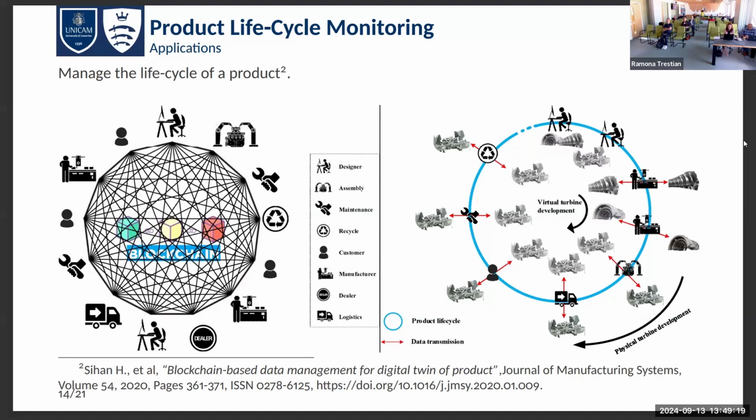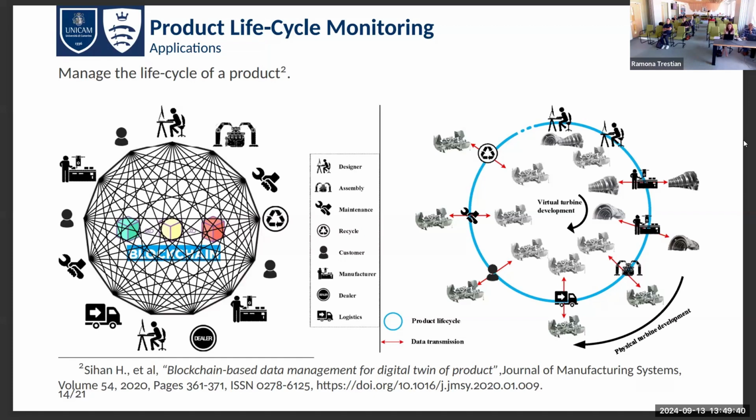After the design, we have the manufacturer phase where the designed components start to be created. After the manufacturer phase, we have the assembly phase where each component is assembled to create the final product that must be delivered to the final user.